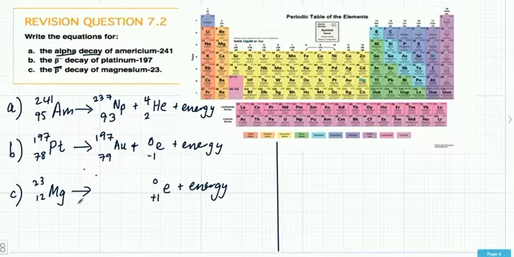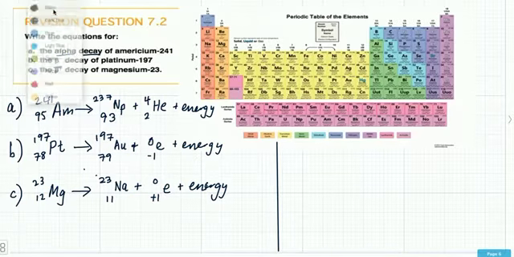Something plus 1 has to be 12. So that's got to be 11. We look in the periodic table. 11 is sodium. So sodium and 23 and the 0 from the positron. So this has to be 23 for the top to match on each side. So 23 sodium when we have our beta plus decay.